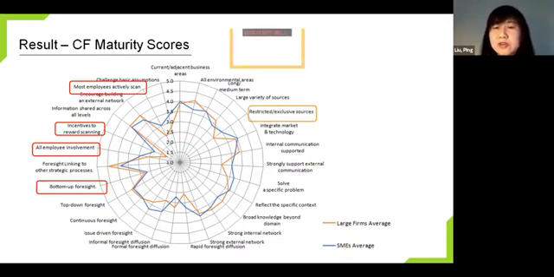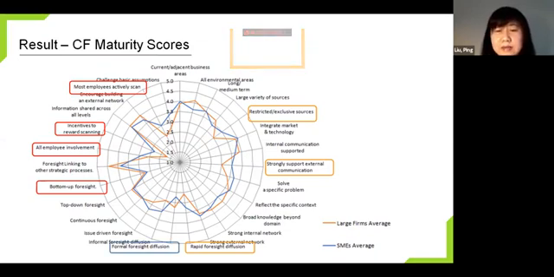And in large firms, they have less development in restricted and exclusive sources, and strongly support external communication and rapid foresight diffusion.